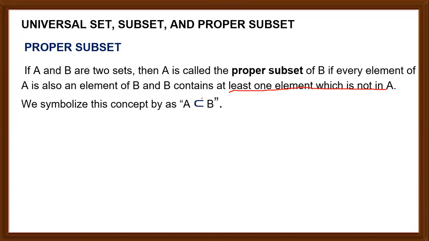Itong symbol na to, ang tawag po dyan is proper subset of B. Okay, example natin. The elements of set A, we have 1, 2, 3, 4, while set B, the elements are 1, 2, 3, 4, 5.